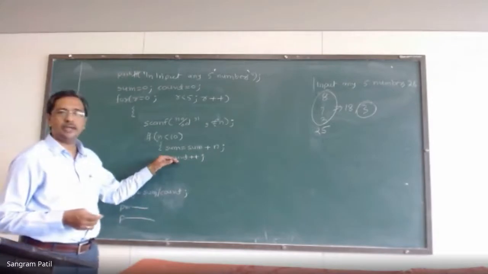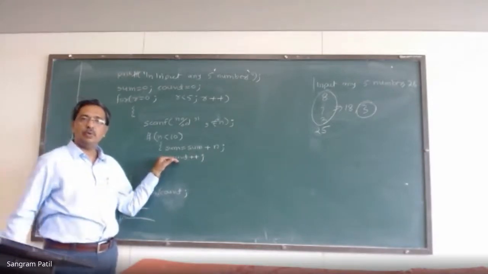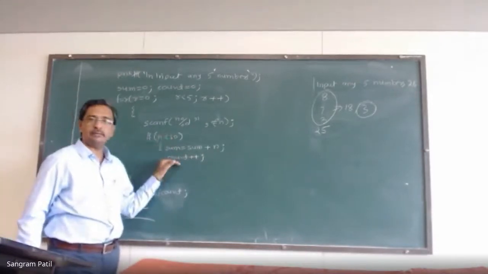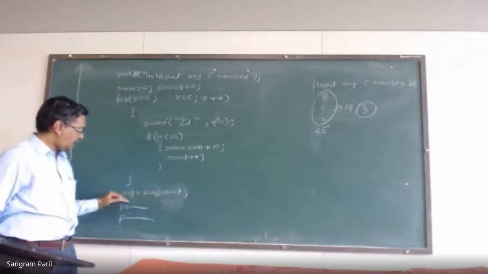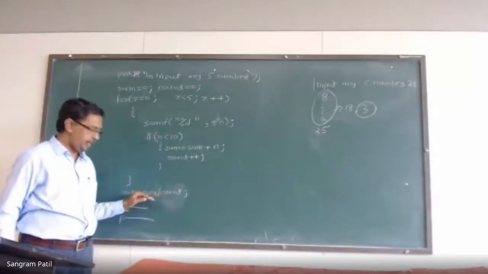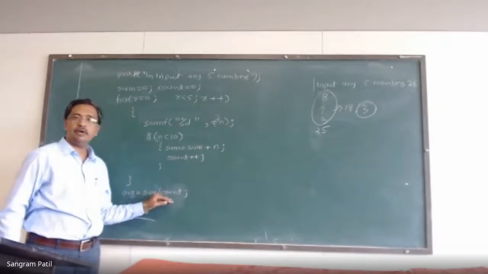Why is this count taken? Because we want to find out how many numbers are less than 10. Now here, average equal to sum divided by count, integer number divided by integer number, always gives the answer in the integer format.